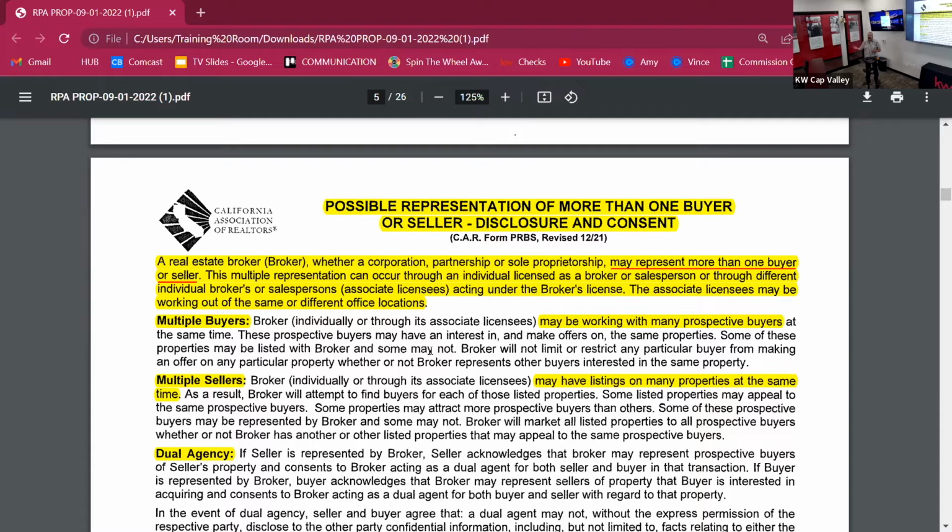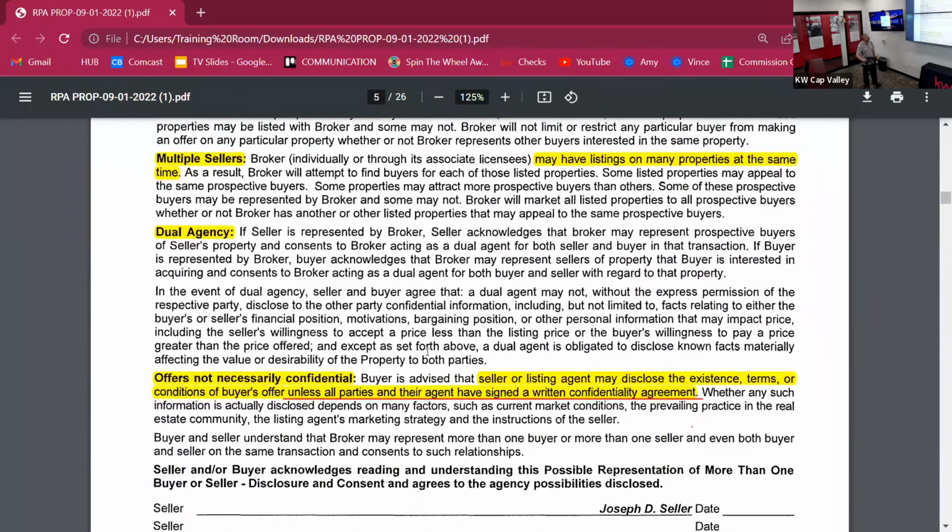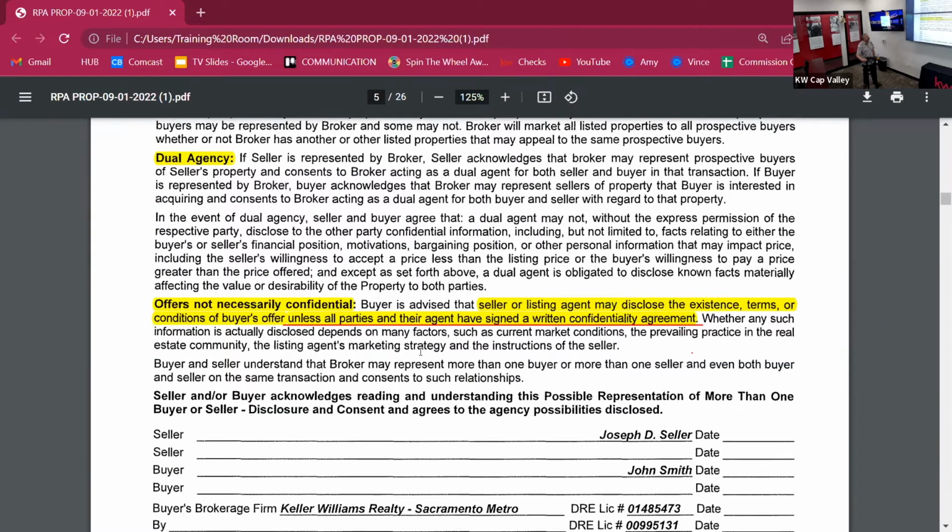If a buyer decides to buy the house over here instead of the house over here, it's the buyer's decision, not ours. Don't sue us if they don't buy your house. And that's basically what this form is. Just another piece of CYA for us as a brokerage.